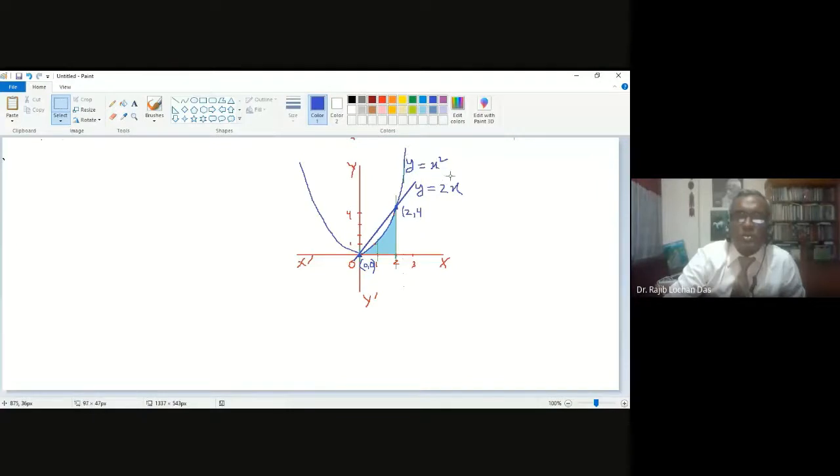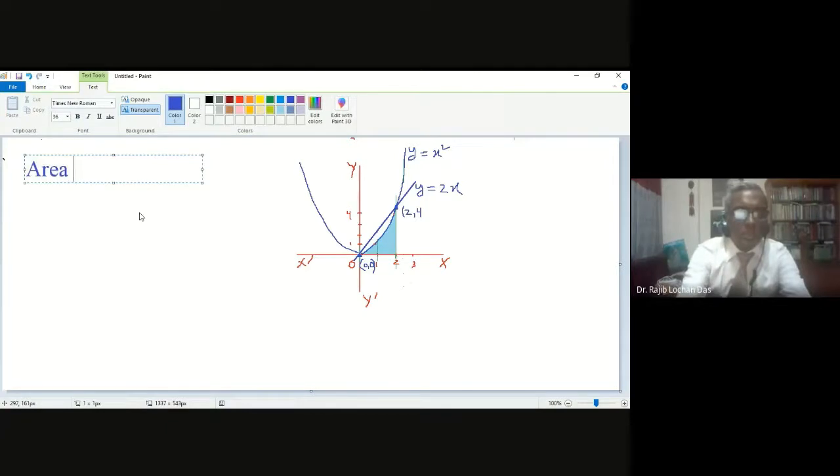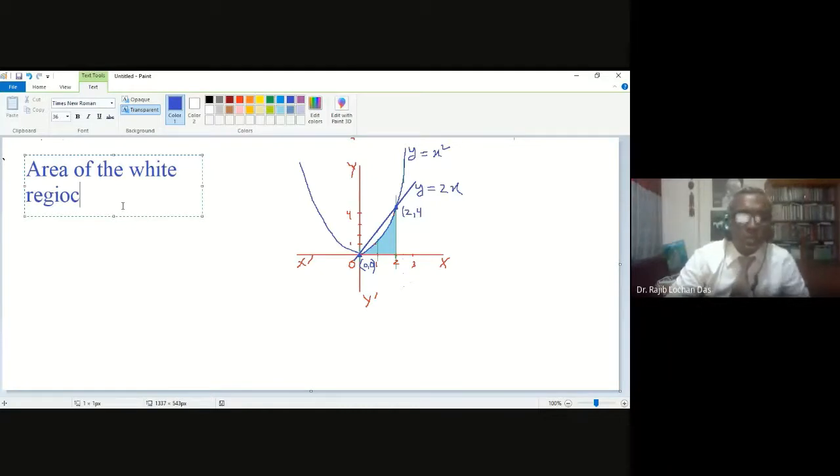So there are two things: one is the parabola and one is the straight line. So I want to find out the area of the white region. If you want to find the area of the white region, what will happen?